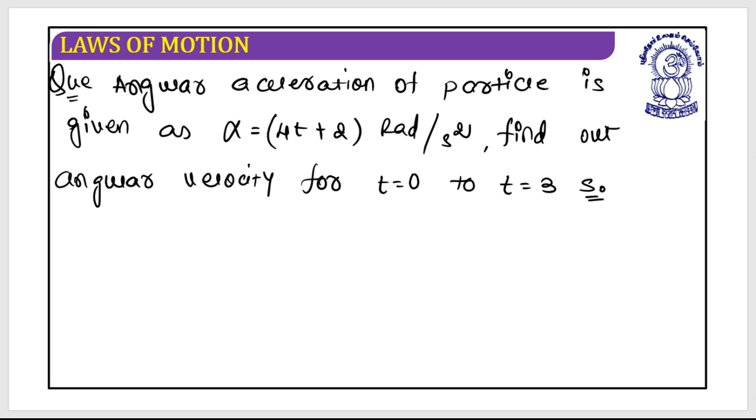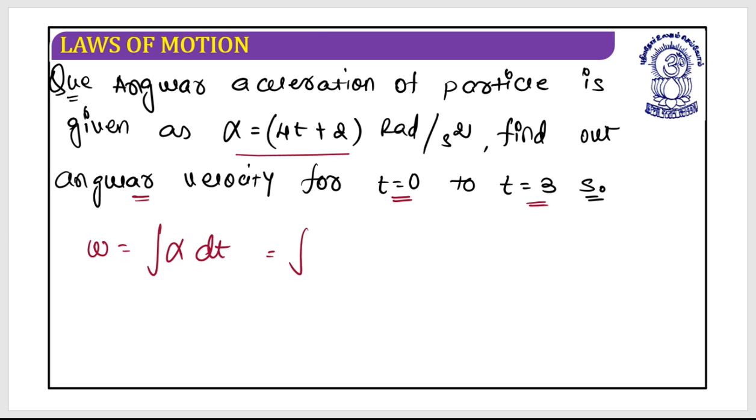So alpha is given. Alpha is equals to 4t plus 2 radian per second square. What I need to find out is the angular velocity for t is equals to 0 to t is equals to 3 seconds. So alpha is given, angular velocity is required. Angular velocity could be written as integration of alpha into dt.